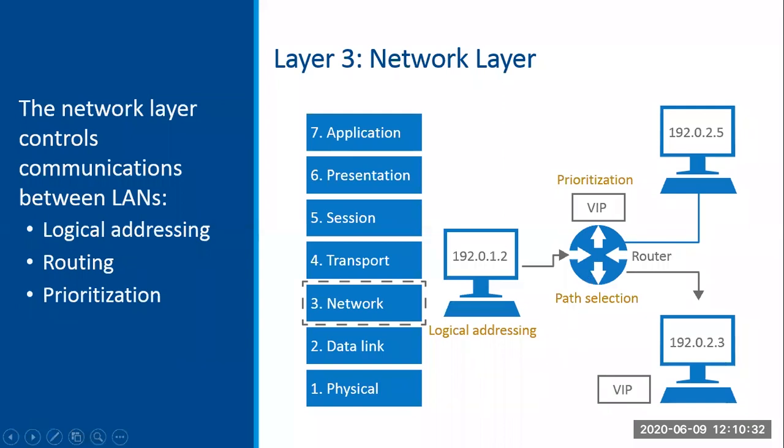So all of these functions are performed by the network layer. And again, a standard that exists at the network layer is IP. In the TCP/IP protocol suite, IP is the main protocol that operates at the network layer, and it helps us with the addressing and routing and whatnot.